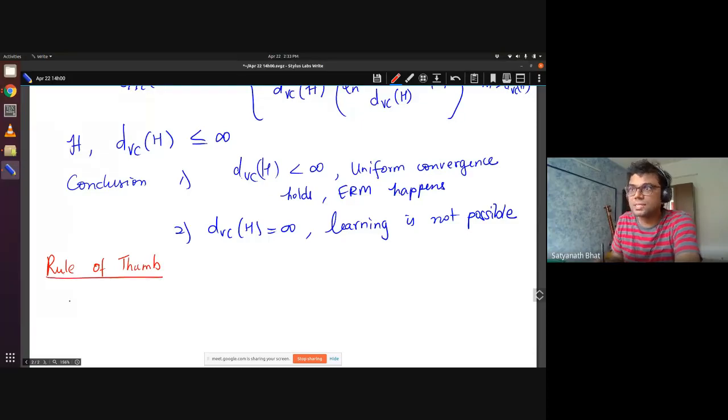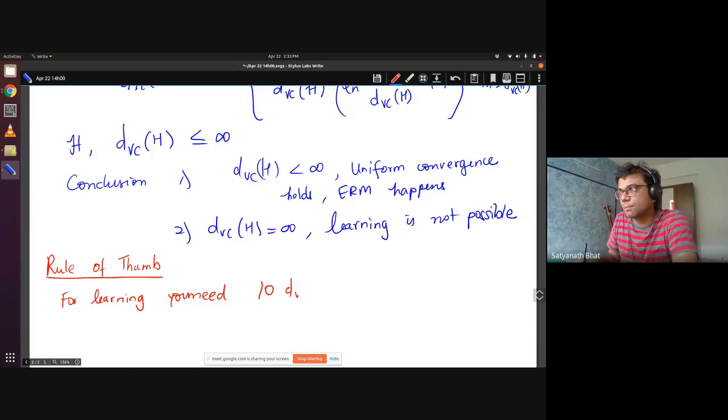What that says is, for learning, you need 10 times the VC dimension of your bag. So whatever the VC dimension is, you need 10 times that.